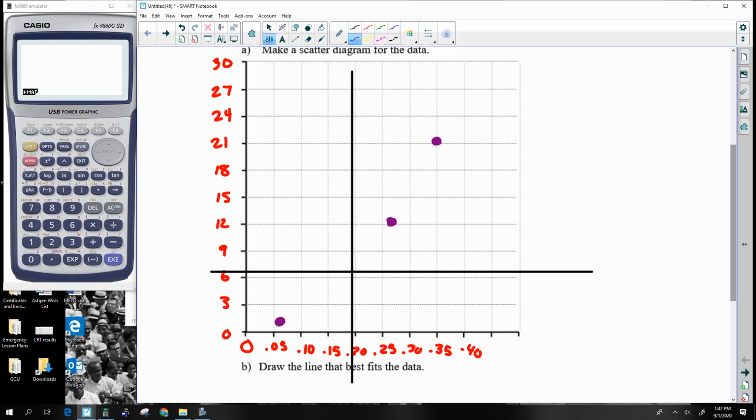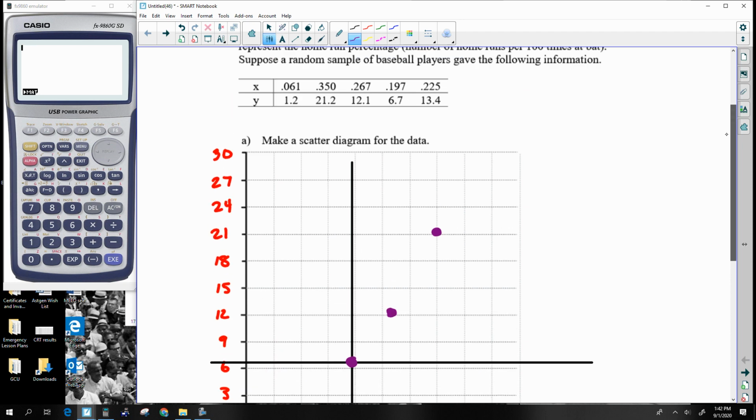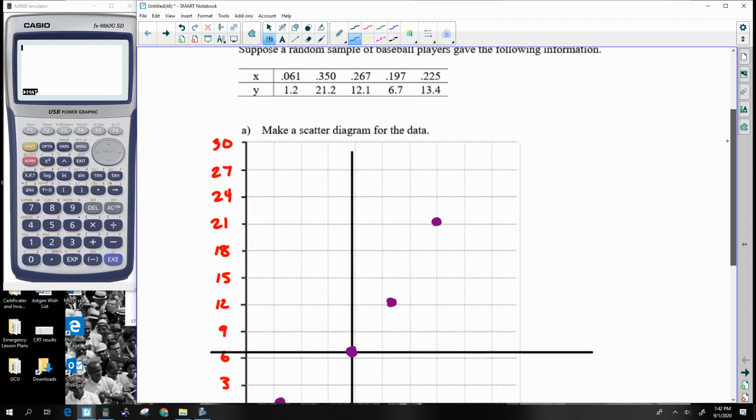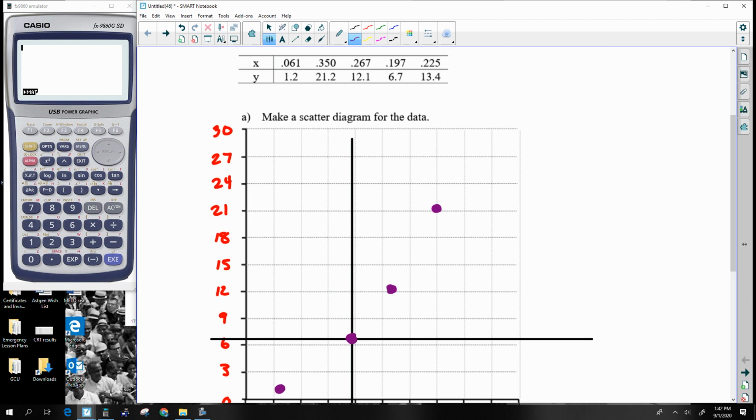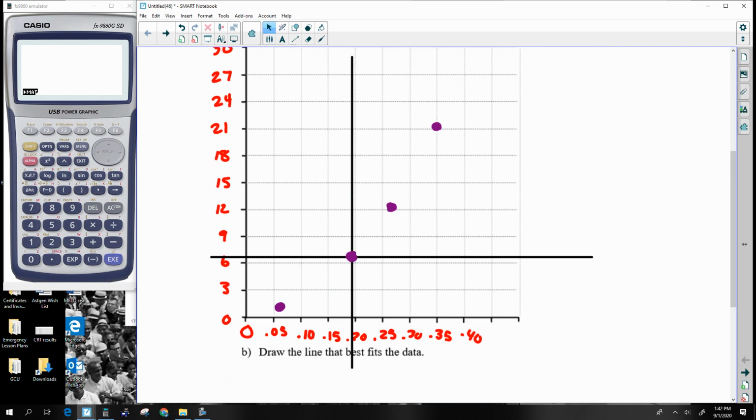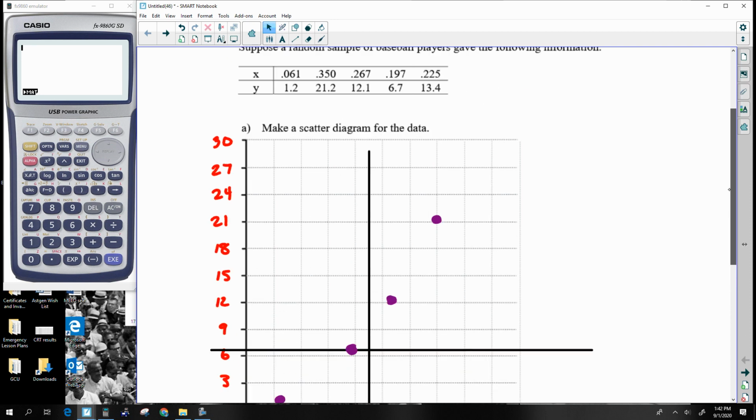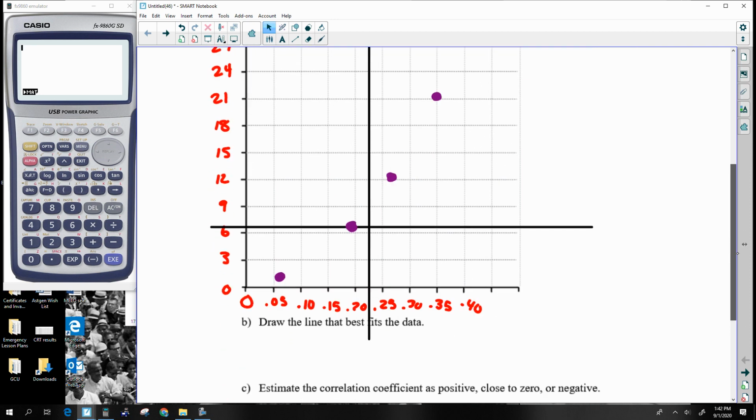Close enough. Last is 0.225 and 13.4. 0.225 would be right in the middle.